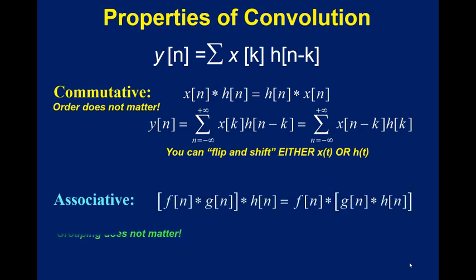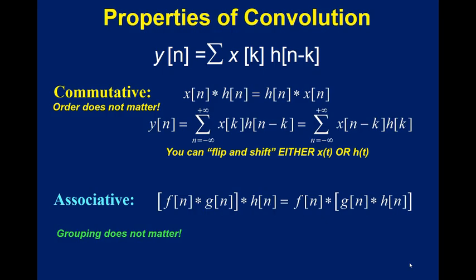It's also associative, and when we say associative, probably in your mind you should go to groups, and how we group things doesn't matter. Again, if this was a multiplication statement, this would be true. If I multiply two functions, take the answer, multiply by the third, I get the same answer as if I pre-multiply the second two and then multiply by the first. Well, also the same for convolution.